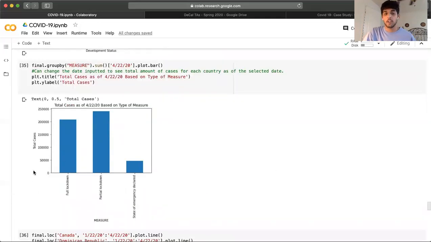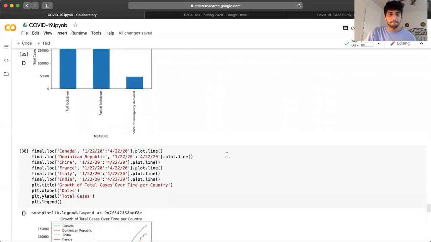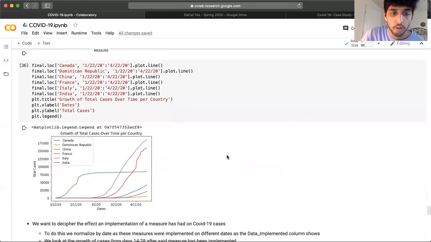And from this bar chart, we can easily see that countries with partial lockdown have the most number of cases, with full lockdown not too far behind. So an interesting inference we can make based on this particular chart is maybe partial lockdown is not the most effective type of measure for countries that are trying to prevent the spread of the coronavirus. So those are bar charts.